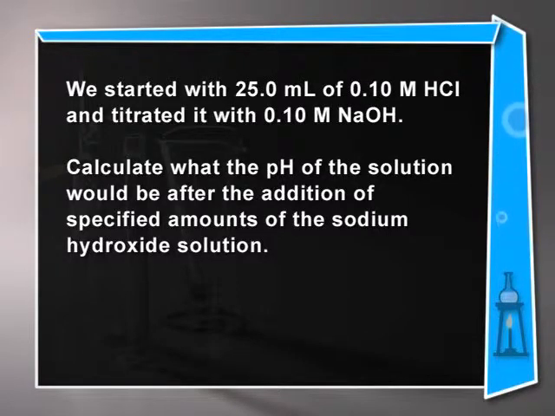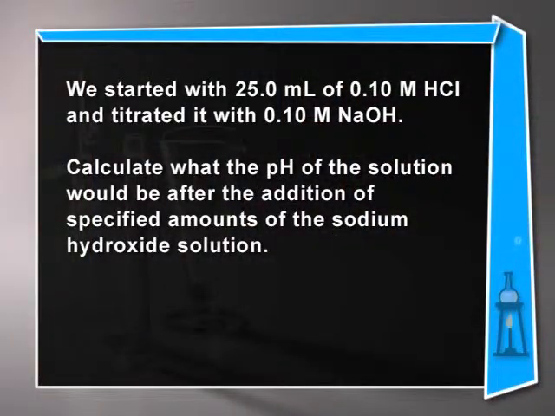It's a bit tedious, but not too difficult, to calculate what the pH of the solution would be after the addition of specified amounts of the sodium hydroxide solution. I've done that for you, and here are the results.